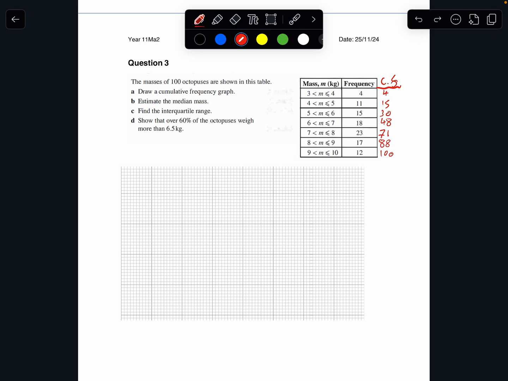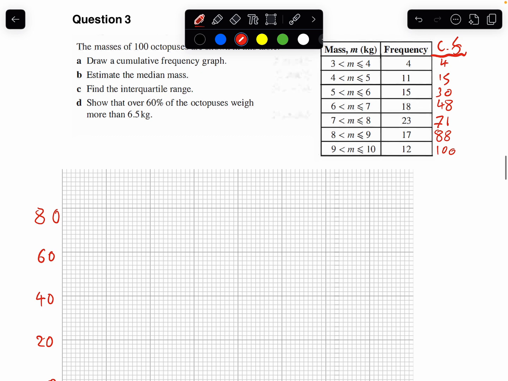So that means I need to go up to 100 on my y-axis. So if I started at 0 here, we've got 1 square, 2 square, 3 square, 4 square, 5 square. So I'm thinking like 0, 20, 40, 60, 80. You can see that the final square is actually there, 100.